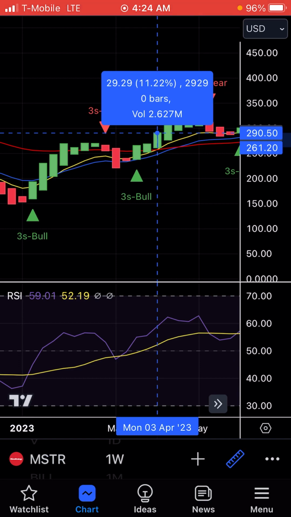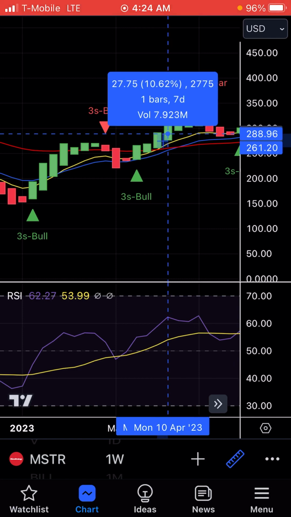Now if you came in here and rode this out, there's a $29 difference in price in, I think, a week? Okay, $27 difference in price in 7 days. With a good in the money contract, that would have been around $2,775.